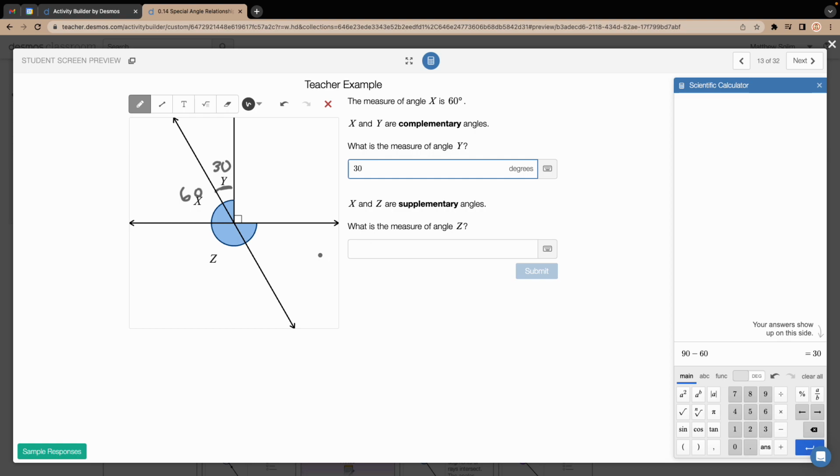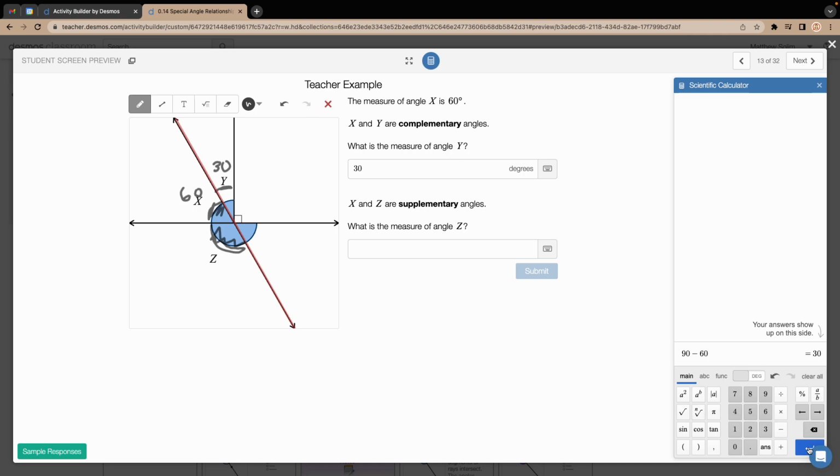And then what is the measure of angle z? Well, this one's a little tougher, but I see that I have a straight line here. So z and x are on a straight line. Let me use this line so you can see a little better. So 60 for x, 60 plus something has to add up to 180.